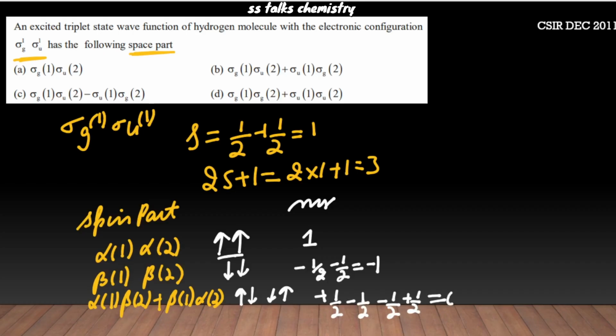That comes out to be 0. All these three spin parts are symmetric. These are the spin parts which are possible, and all three are symmetric, which implies that to make the overall wave function anti-symmetric, the space part should be anti-symmetric.